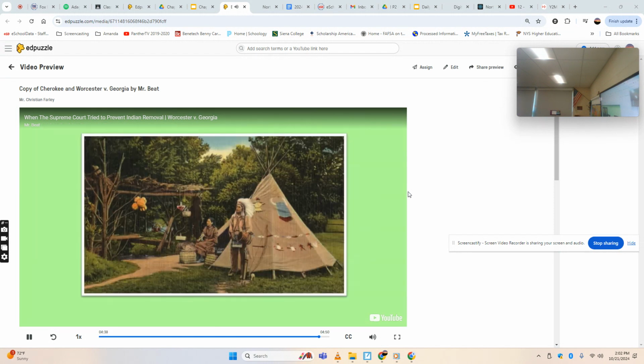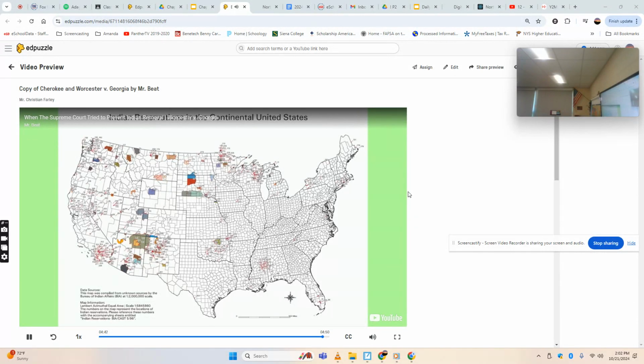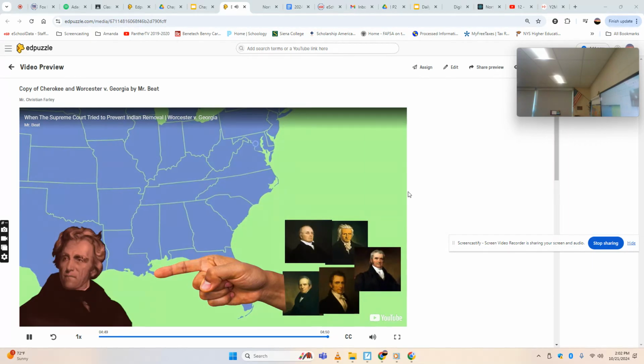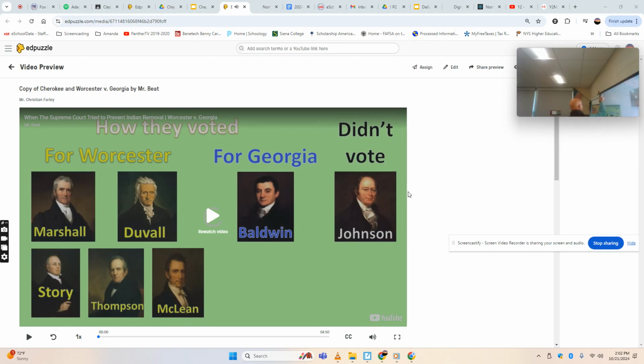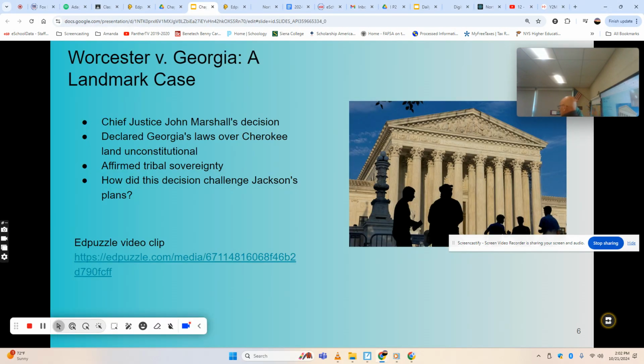Basically, the court argued that even though they reside within the borders of the United States, Native American tribes govern themselves and can have their own laws. Too bad Andrew Jackson didn't pay attention to him. And that's exactly what happened. Jackson ignored the Supreme Court's decision.